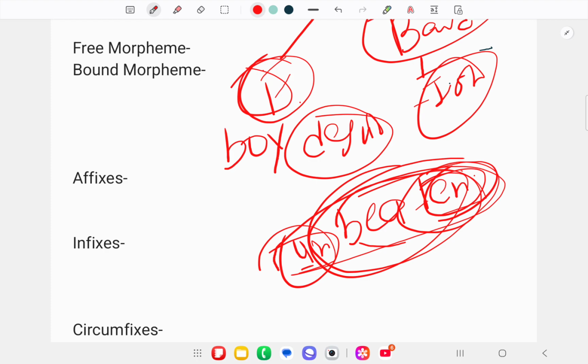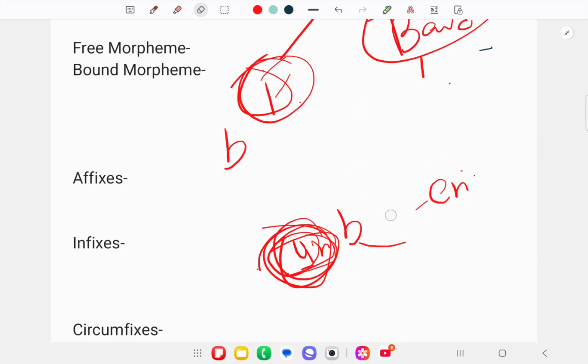If we attach, like, an, this is a prefix, but it is not certain that we only have the prefix in English. This prefix can also be at the suffix position in any other language. Okay, so don't forget these points.